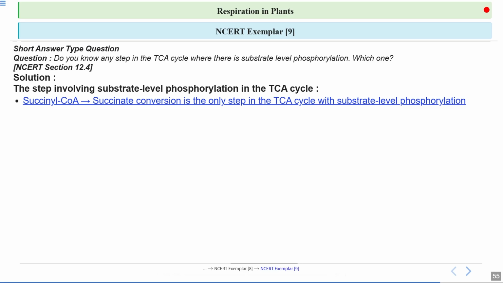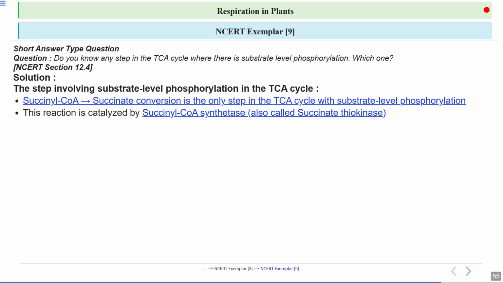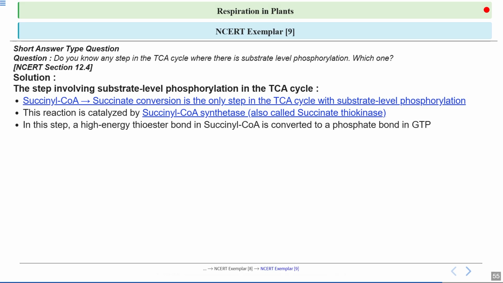The conversion of succinyl coenzyme A to succinate is the only step in the TCA cycle with substrate level phosphorylation happening. This reaction is catalyzed by the enzyme succinyl coenzyme A synthetase, which is also known as succinate thiokinase. During this step, the high energy thioester bond in succinyl coenzyme A is transformed into a phosphate bond in GTP.